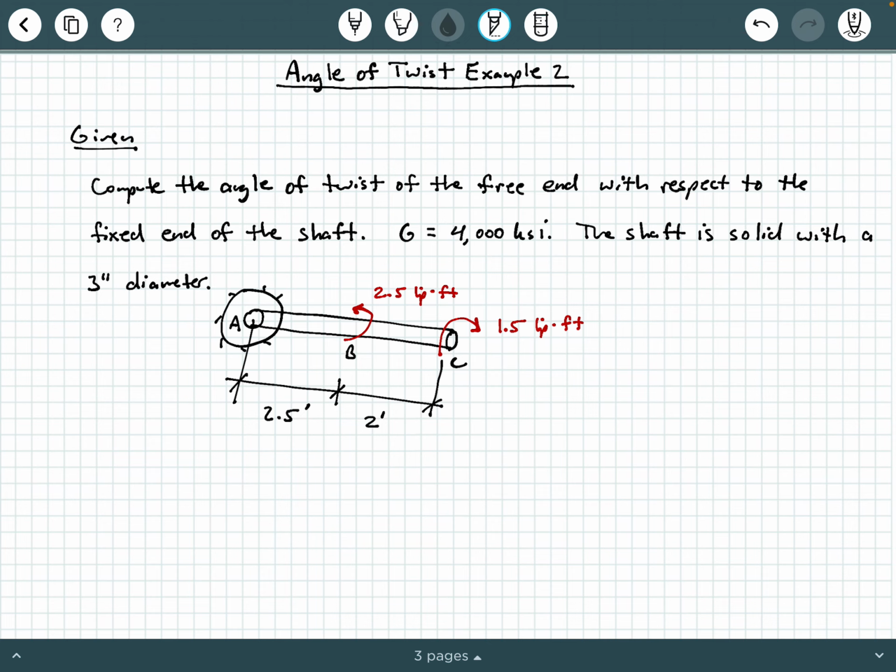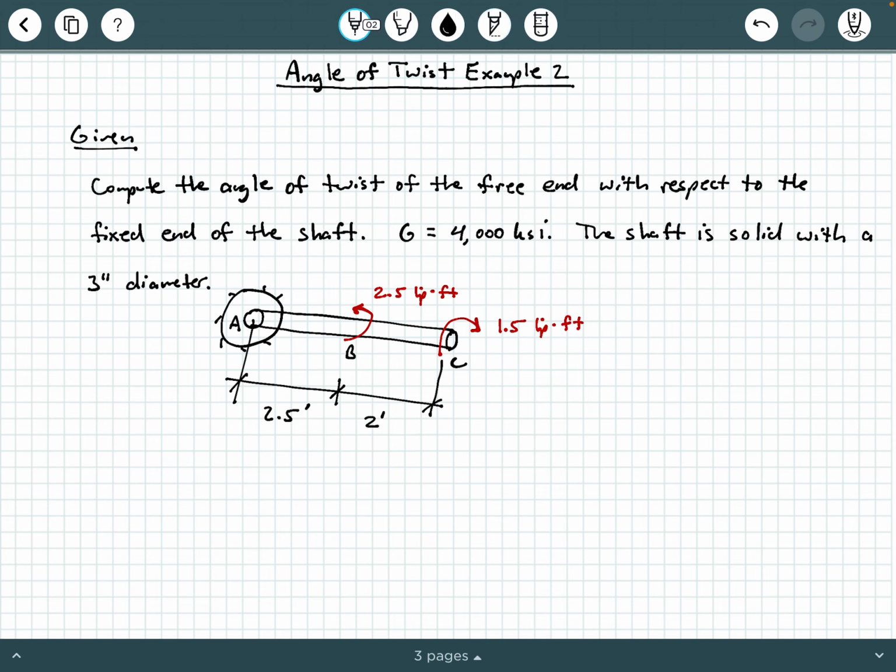Here we're being asked to compute the angle of twist of the free end with respect to the fixed end of the shaft. We're told that the shear modulus G is 4,000 ksi and the shaft is solid with a 3-inch diameter.